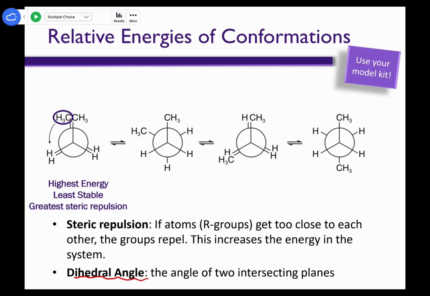about intersecting planes. So I have two pieces of paper with me here today. Green is my plane 1, yellow is my plane 2. If I hold my papers like this, what is the dihedral angle?